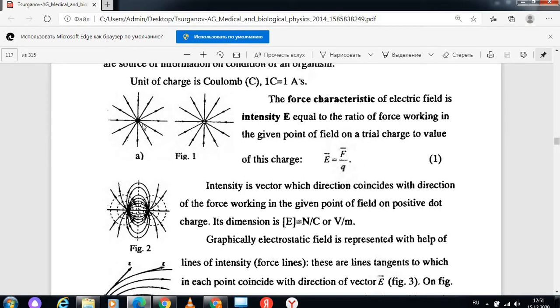And this is the fourth characteristic of electric field: the intensity vector.